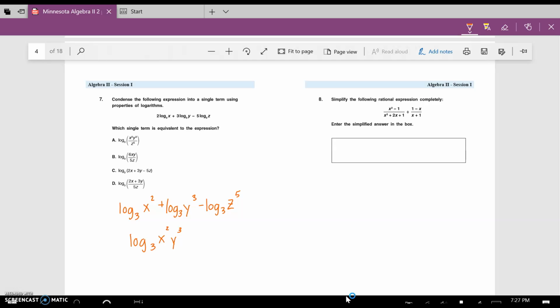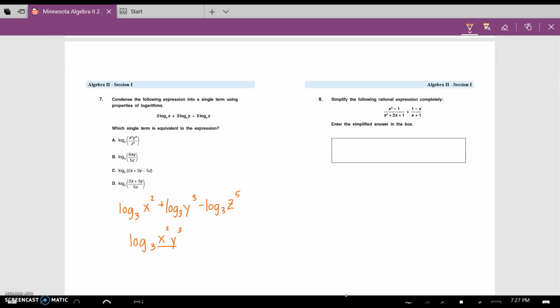And whenever you subtract, you divide, just like with exponential. So when I divide by z to the 5th, you don't have to write that log of 3 because as long as they have the same base, then you're good. So that is answer choice A, I believe. Yes, A.